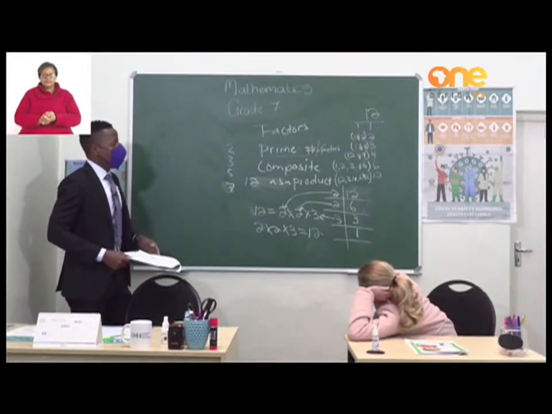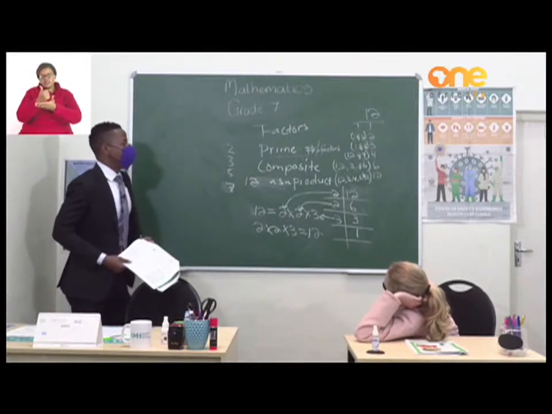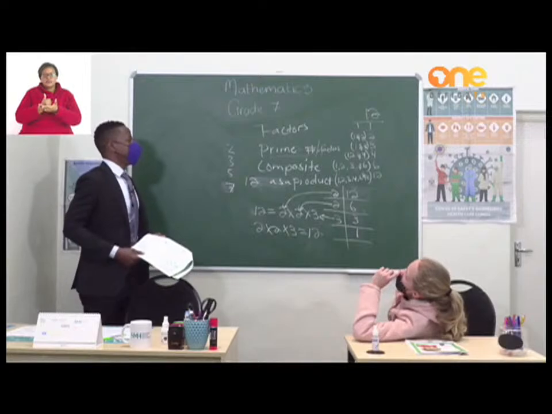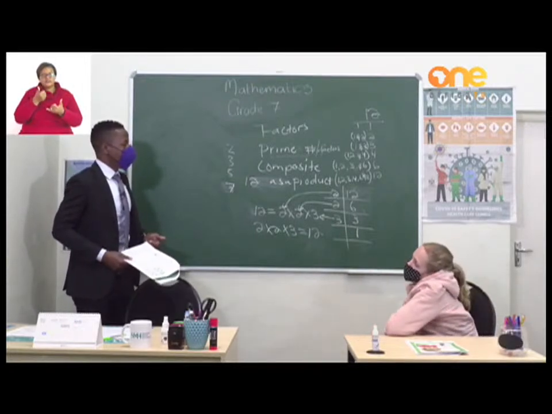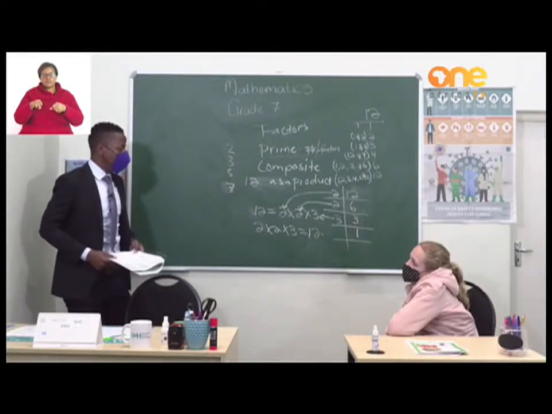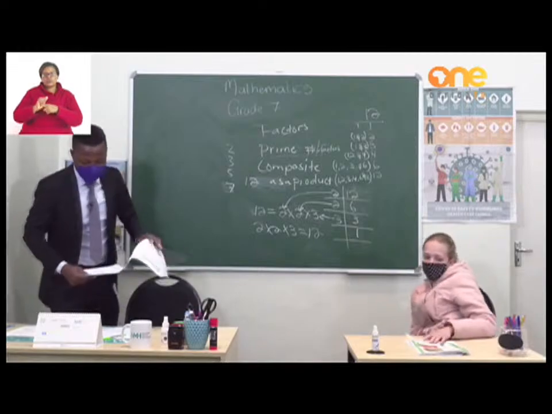So with that, I believe we can understand and do our activity much, much better. So let us now go back to our booklet and do the activity on the next page.